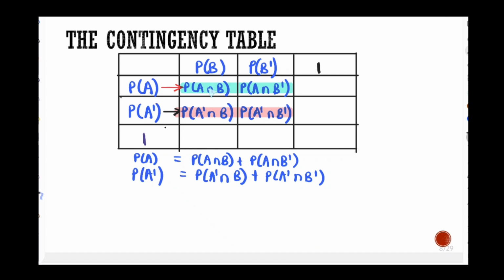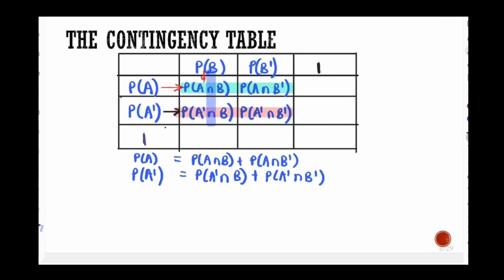So if I want to get probability of B occurring, I'll add up this and that.